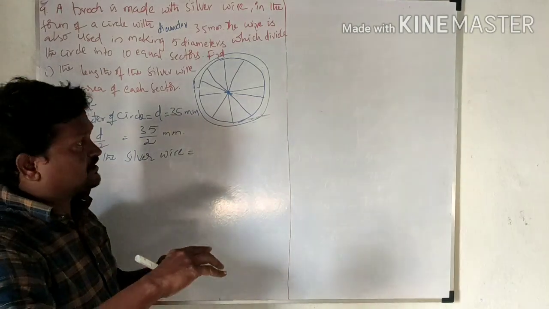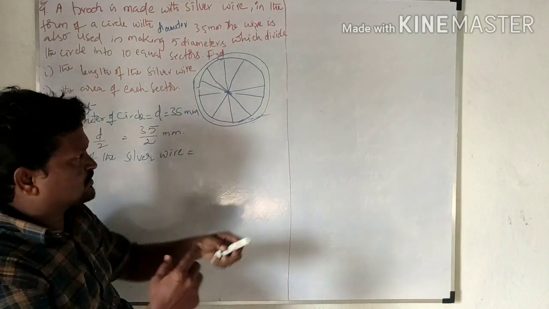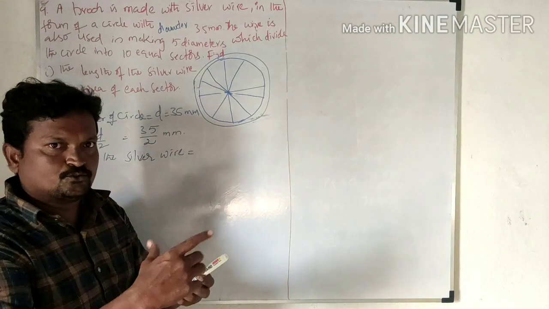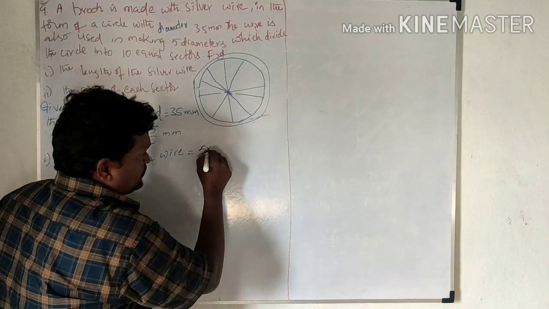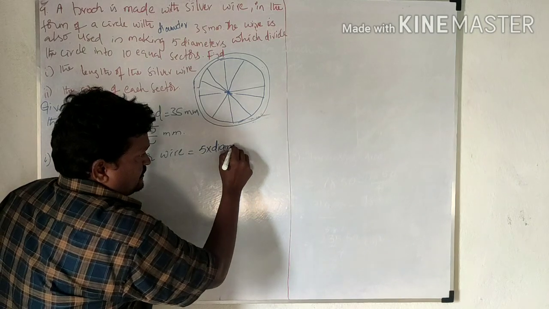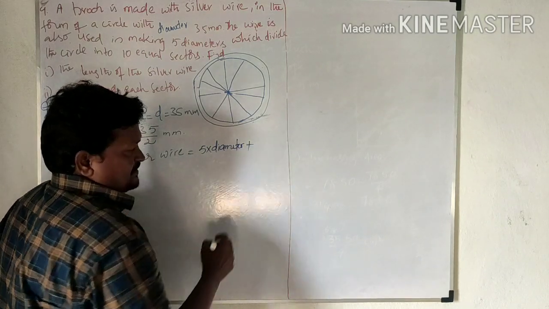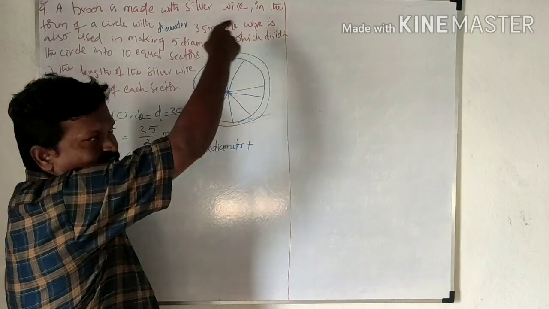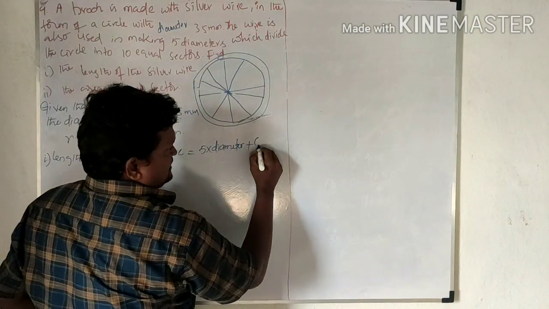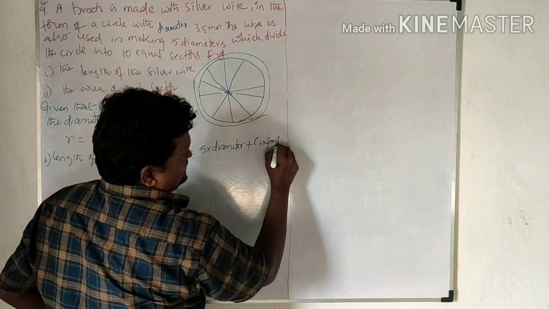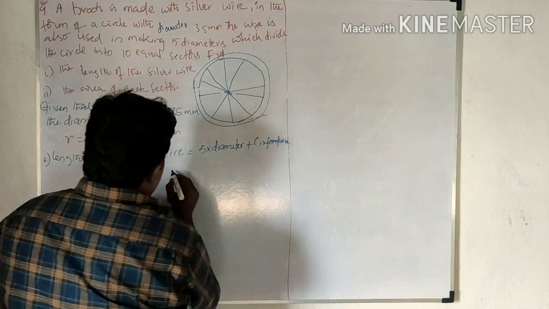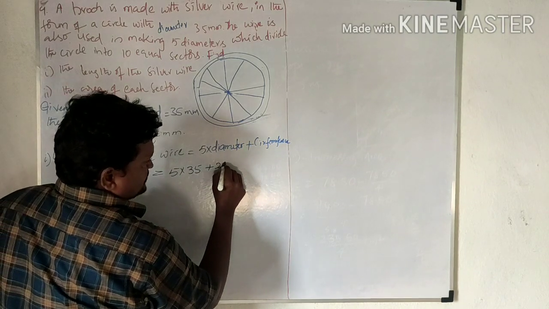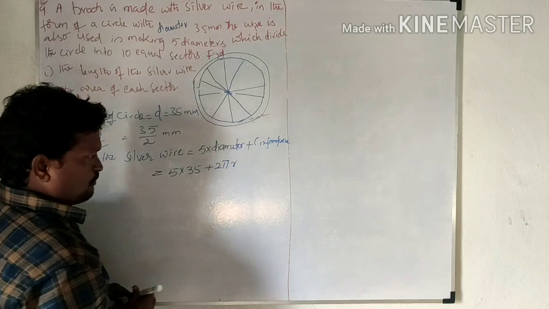Length of the silver wire is equal to how much wire they are using. Now we have to find the total length of this wire. 5 diameters wire they used. So 5 into diameter plus the circumference of the circle. Now this will be 5 into diameter, that is 35. Circumference will be 2 pi r.